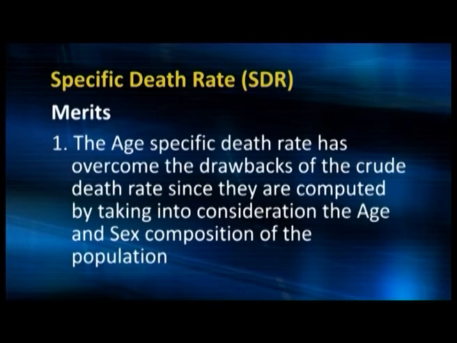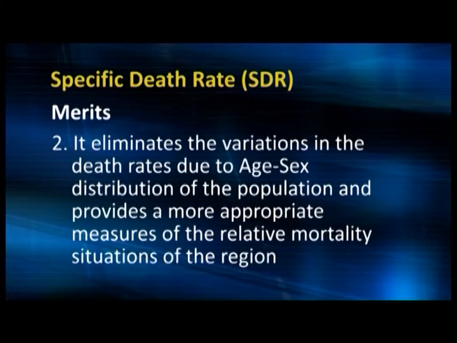The age-specific death rate overcomes the drawbacks of the crude death rate, since it is computed by taking into consideration the age and sex composition of the population. It eliminates the variations in the death rates due to the age-sex distribution of the population and provides a more appropriate measure of the relative mortality situation of the region.